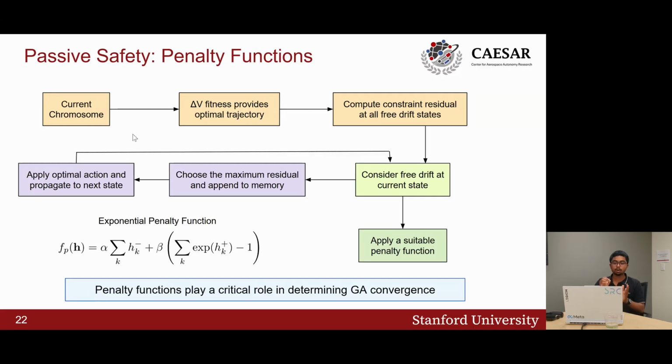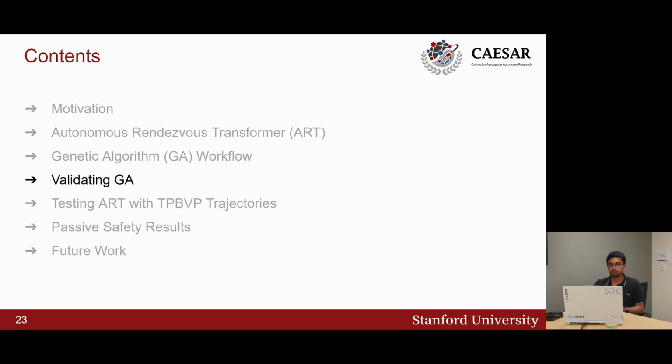You take all possible states in the trajectory, and you perform a free drift from all possible points. Once you do the free drift, you see what is the maximum residual that you get. Basically it's an indication of how close it goes to the keep out zones. And once you accumulate all of that for all the free drift states, you apply a suitable penalty function, and you get the fitness evaluation in terms of passive safety for the new chromosome.